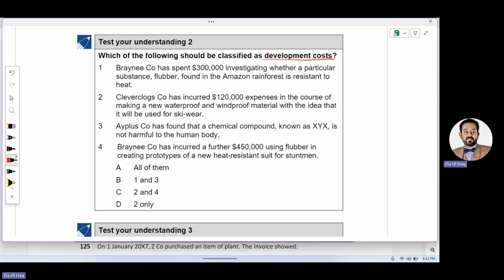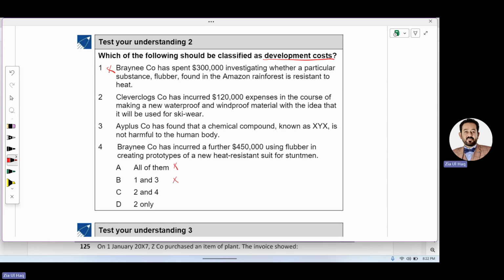First one is investigating. Number one, Briny company has spent $300,000 investigating whether a particular substance, flubber, found in the Amazon rainforest is resistant to heat. They just performed investigation, they haven't found a formula or product. So this is not the development cost. This means if 1 is not, A is not, B is not.